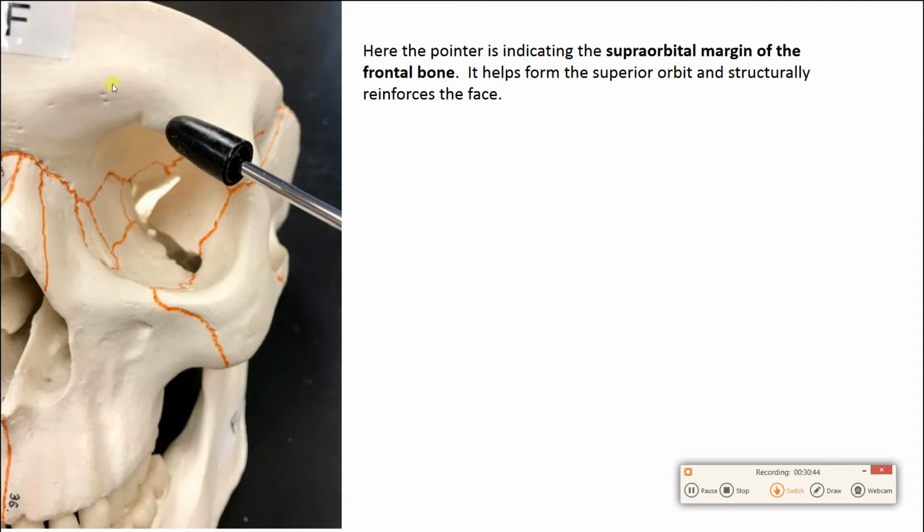That ridge of bone is part of your frontal bone. It is called the supraorbital, above the eye, the supraorbital margin of the frontal bone. It helps form the superior orbit, and it structurally reinforces your face. So that's one part of the frontal bone we got to know.